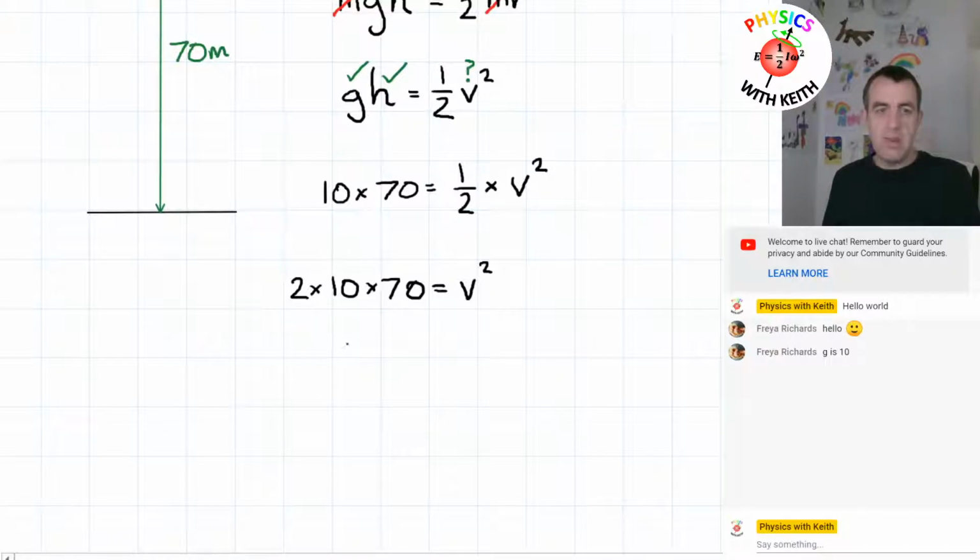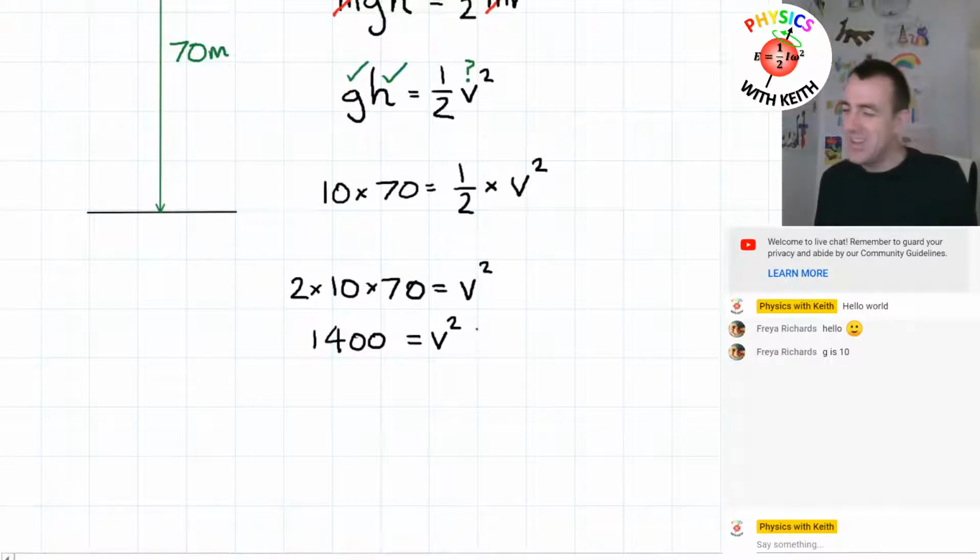And 2 times 10 times 70 is 1,400. I hope that's right. My mental arithmetic is not wonderful, so I jolly well hope that's right. Which is v squared.